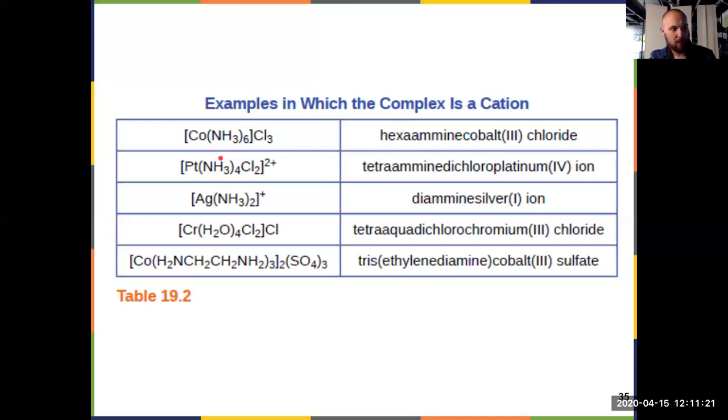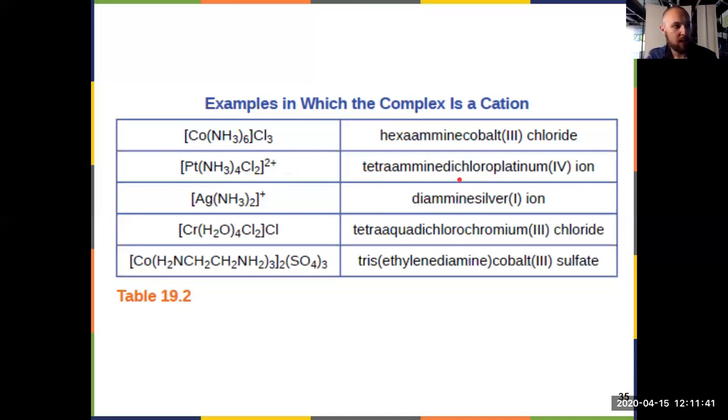So I name the amine first, 4 of them, tetraamine, and then 2 chlorines, dichloro. So tetraamine, dichloro. And notice, you're just paying attention to A from amine and C from chloro for alphabetical order. Those prefixes, tetra and di, do not change your alphabetical order.